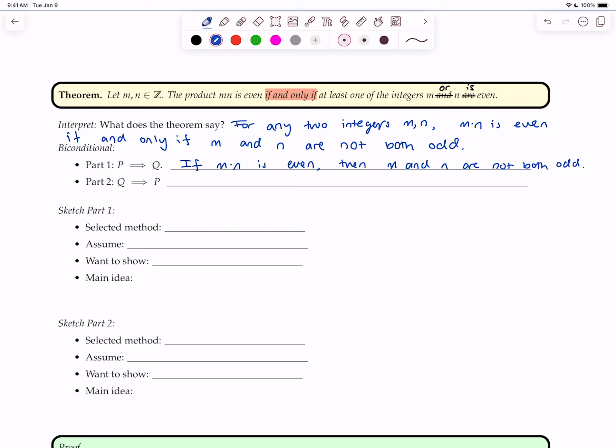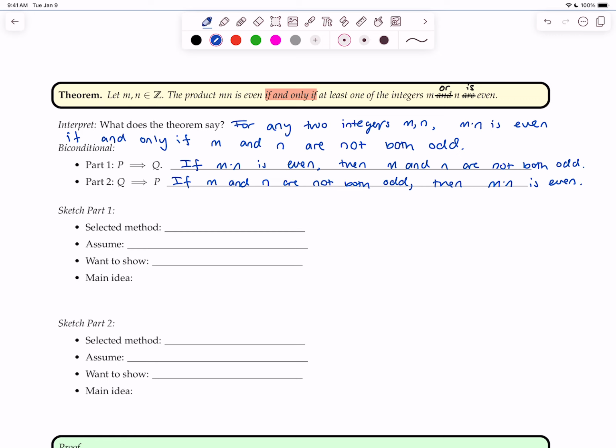For the reverse direction, you flip them. So you would say, if m and n are not both odd, then m times n is even.